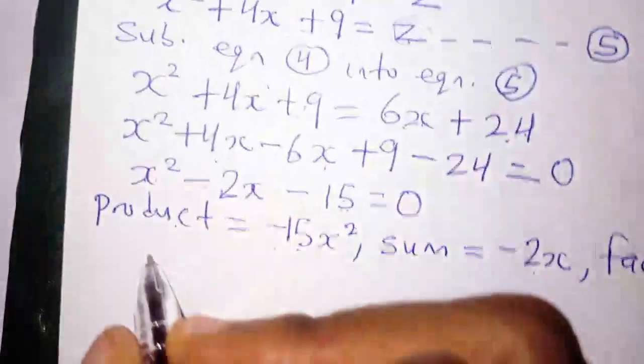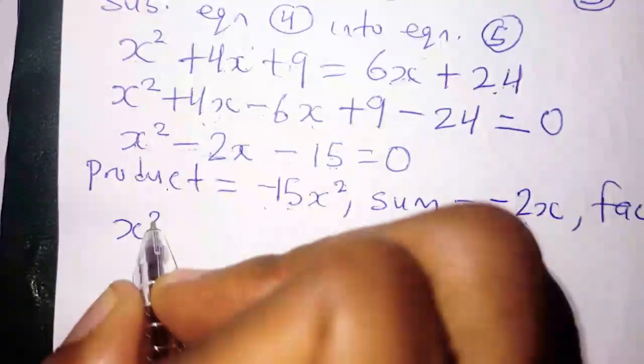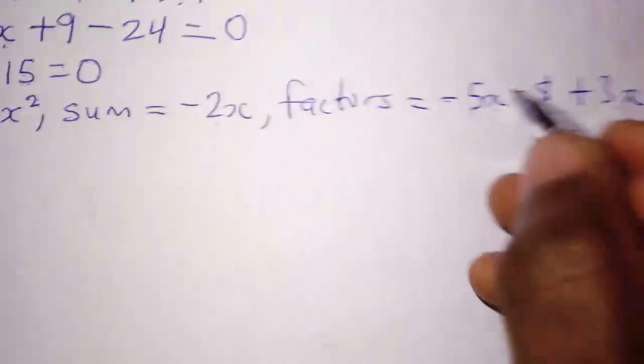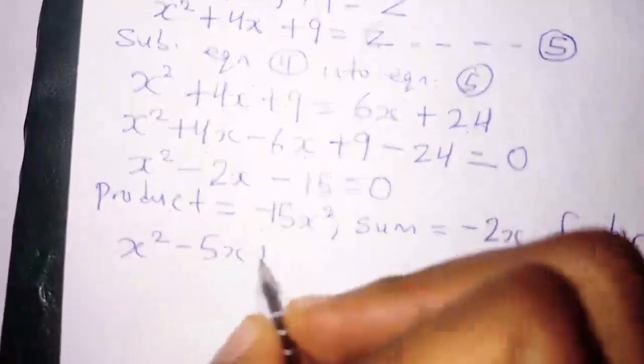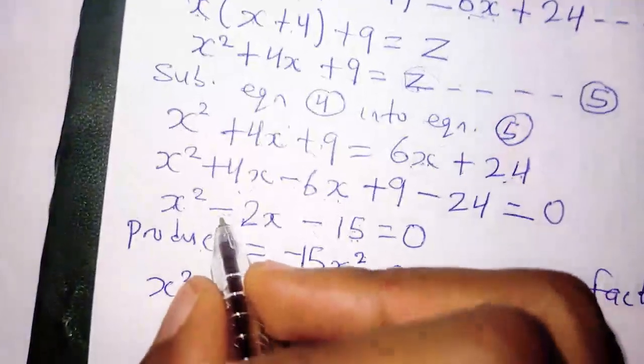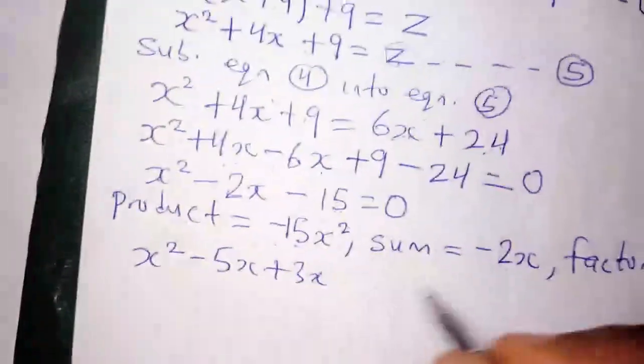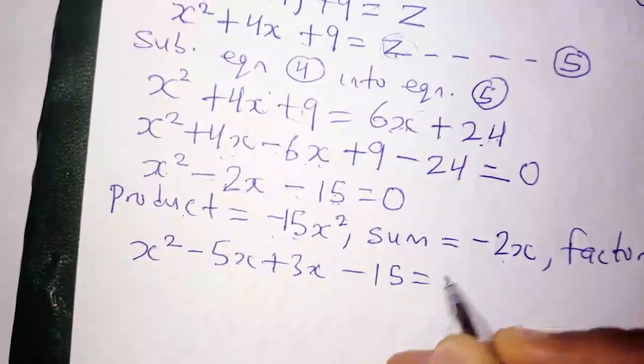So the equation becomes x squared minus 5x plus 3x, where you represent minus 2x with these two expressions, then minus 15 equals 0.